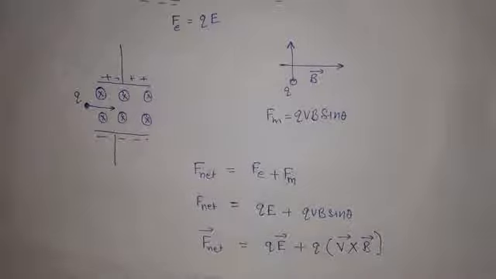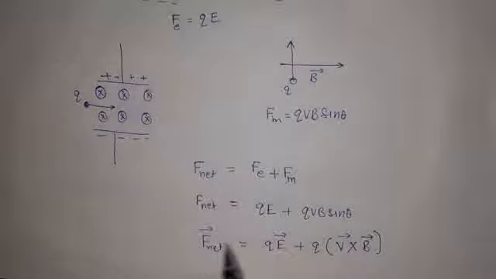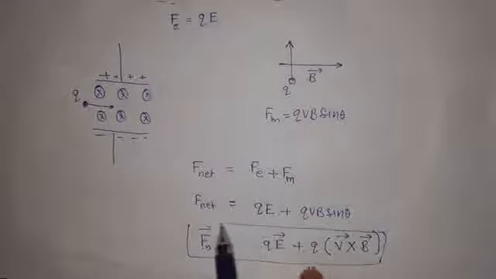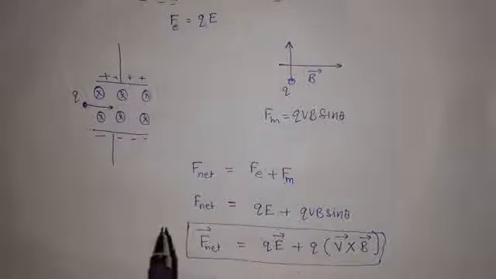Thus it is QE plus Q into V cross B, or we can take Q common. This is the force experienced by the charge moving in a region where there is an electric field as well as a magnetic field.